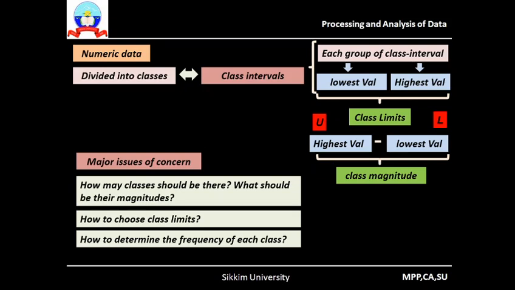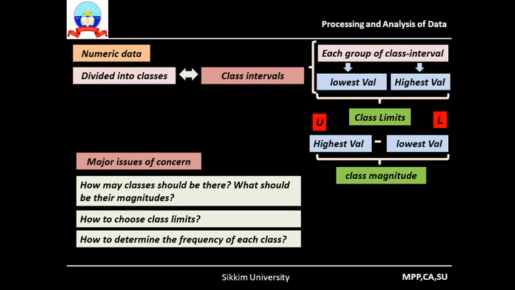We had also learned that classification based on attribute can be of two types: simple classification or manifold classification. Further, we also learned that classification based on attribute is descriptive in nature and is also referred to as statistics of attributes, whereas classification based on class interval is numeric in nature and it's also referred to as statistics of variables.